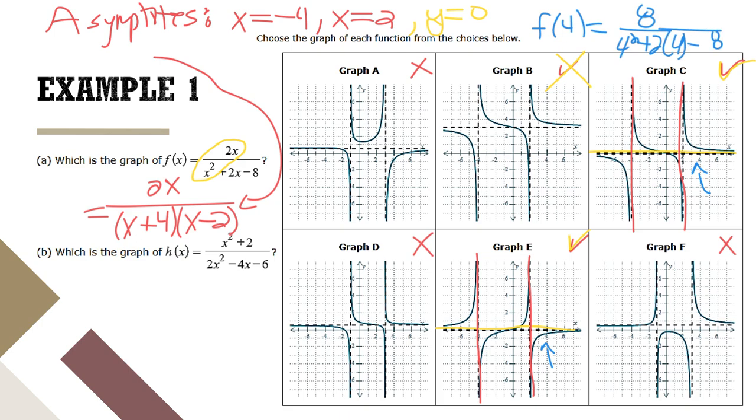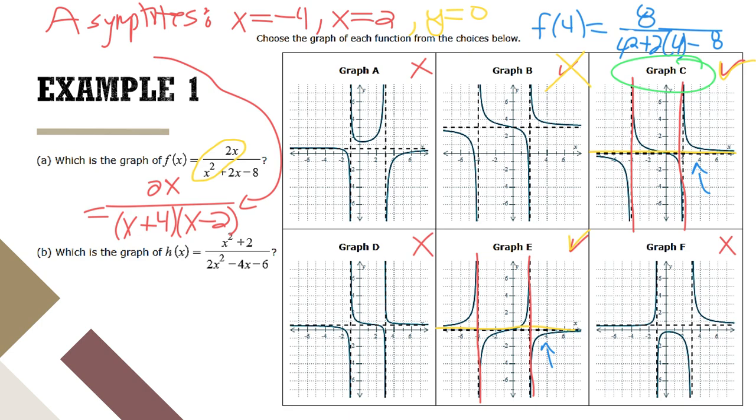So this cancels out here, but we have 8 over 16, which is 1/2. So it's positive 1/2 versus negative 1/2. So in this case, graph C is our answer.